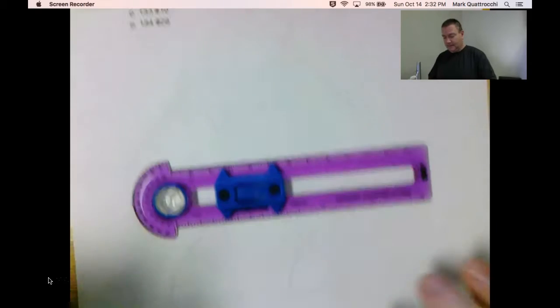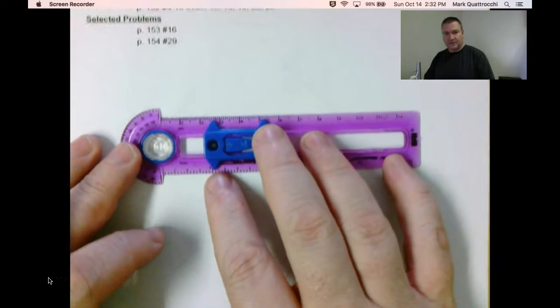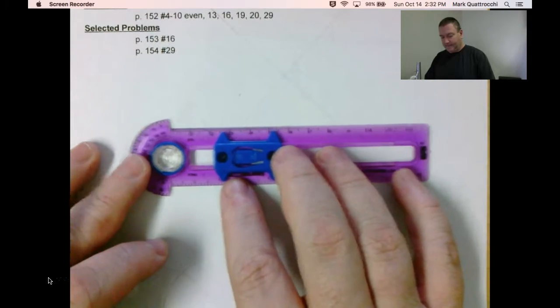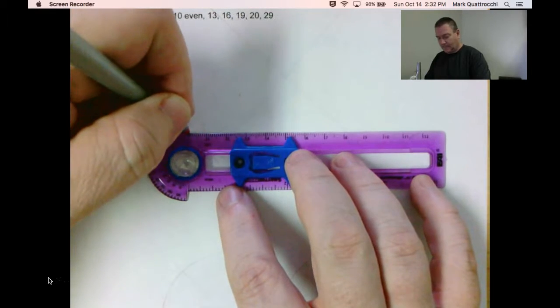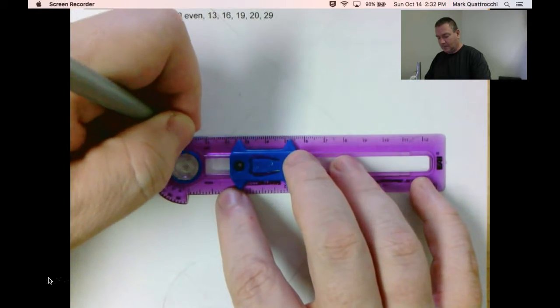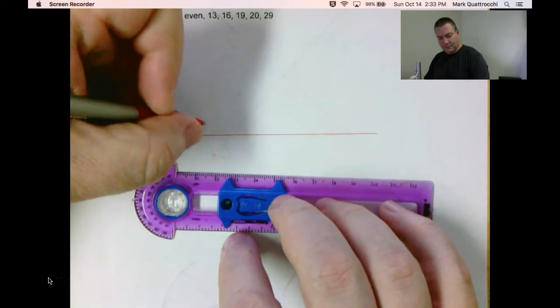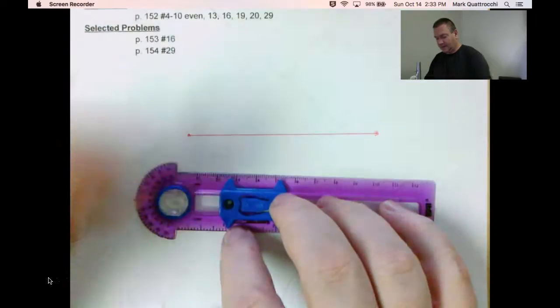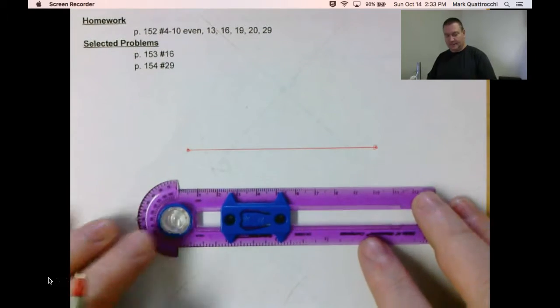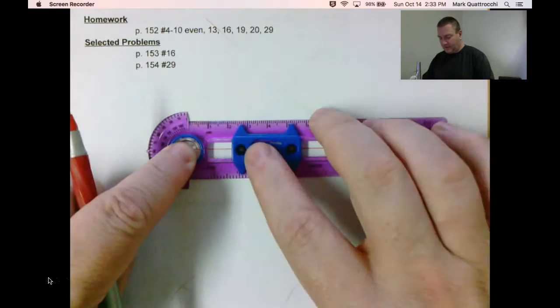And let's see here. To do the 45, I'm going to first construct a 90. And to construct the 90, I'm going to do the perpendicular bisector of this segment. Set my radius.